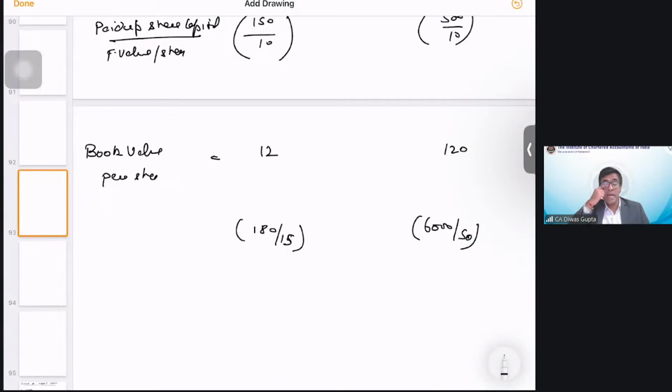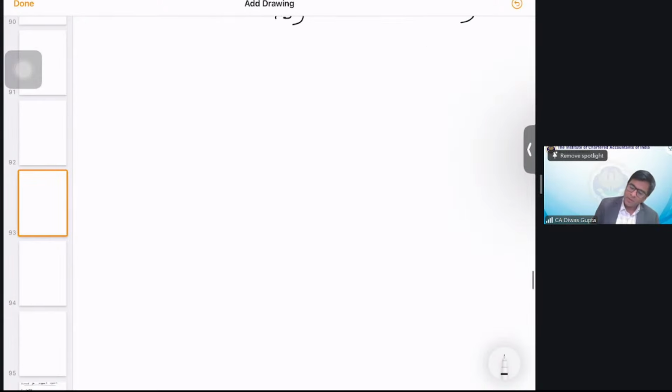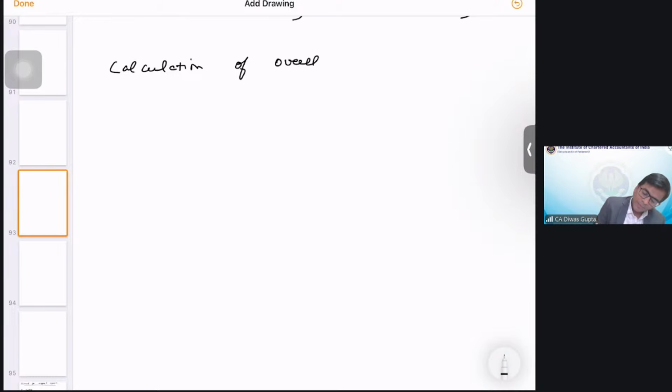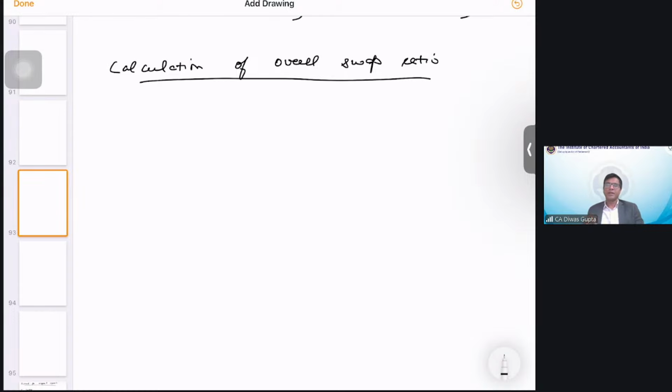Any doubts, any question till now, students? Perfect. Then comes the calculation of overall swap ratio, right? Basis their respective weights. Calculation of overall swap ratio, right?